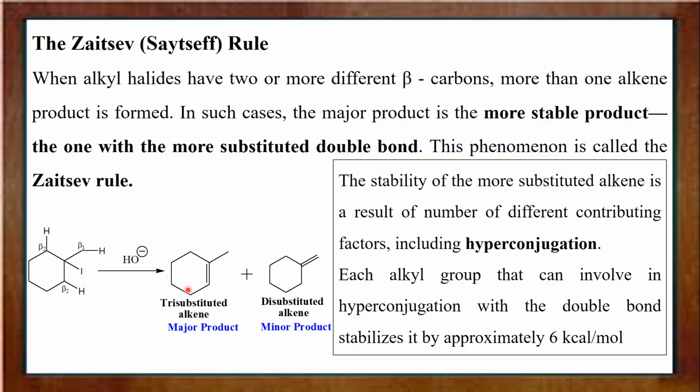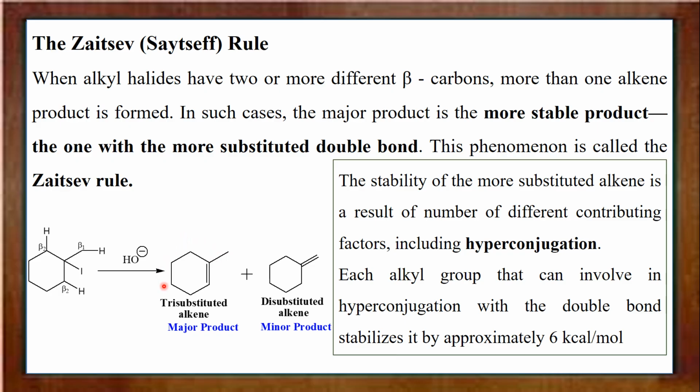There is a possibility for the formation of one more product by the abstraction of beta hydrogen from beta 1 carbon. But that ends up with an exocyclic double bond. It is a disubstituted alkene, whereas this one is the more substituted alkene with an endocyclic double bond.